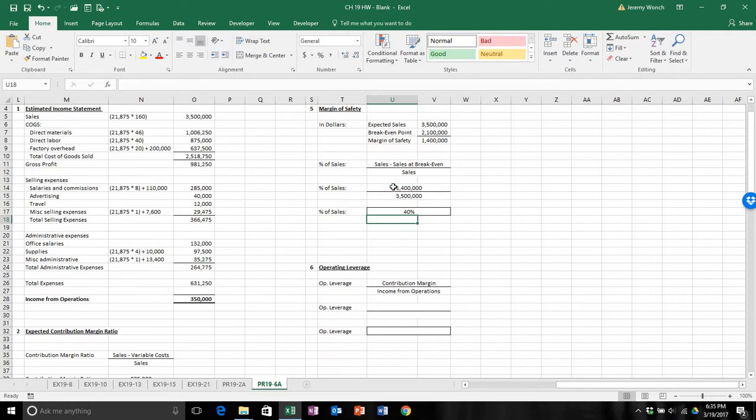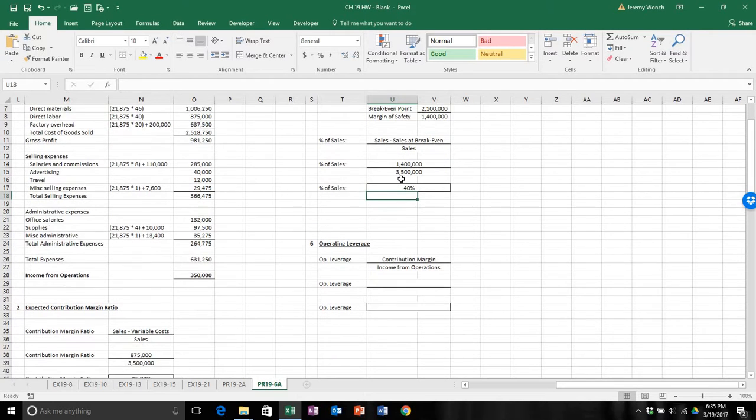So 40%. We could basically miss our estimate by 40% and we'd still be okay. We wouldn't have a loss. So that's a pretty good margin of safety. If you're missing your expectations by 40%, then you need a new estimator. That's missing by a lot.